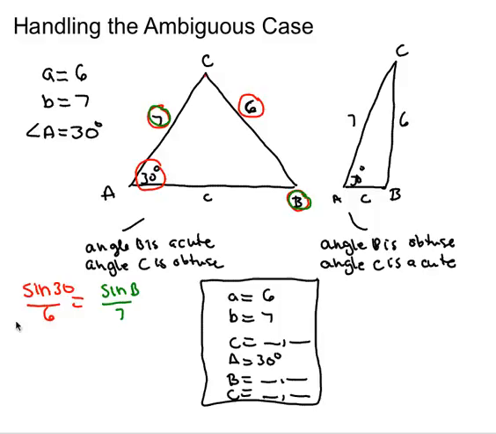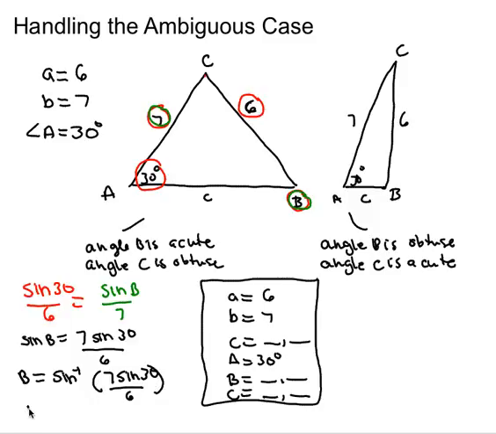I want to find B, so the sine of B equals 7 times the sine of 30 over 6. Then I take the inverse sine, so B equals the inverse sine of 7 times the sine of 30 over 6. That gives me that B comes out to be 35.7.